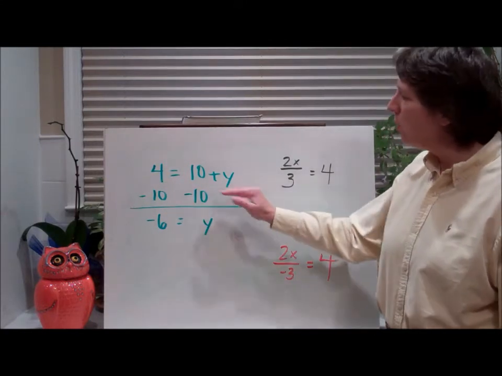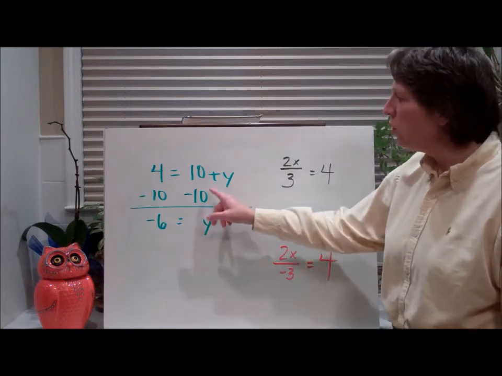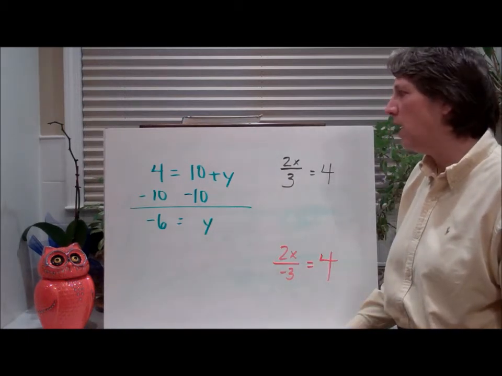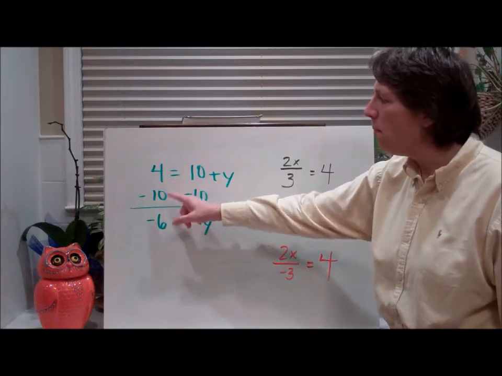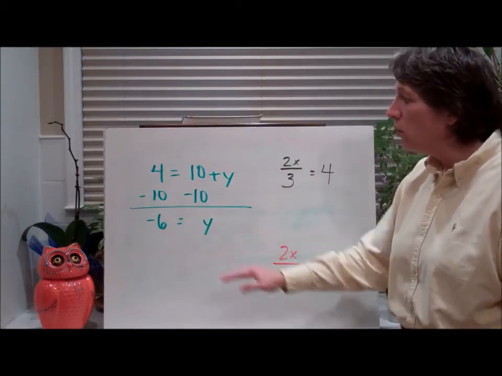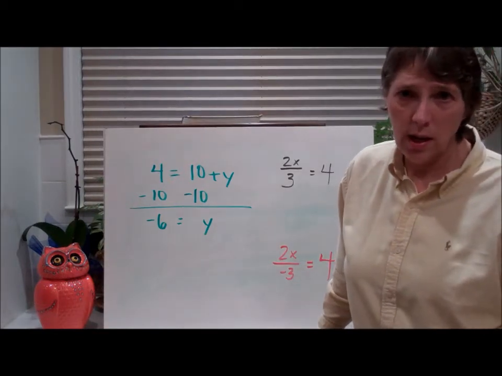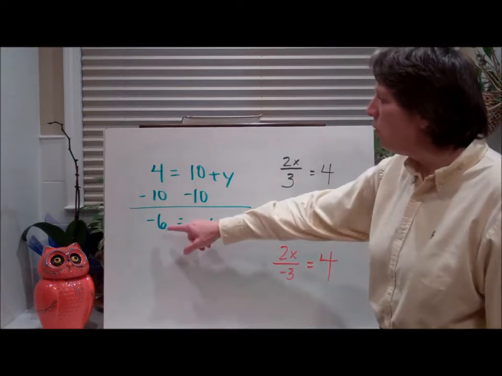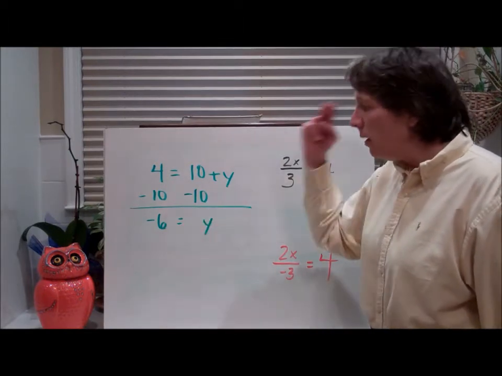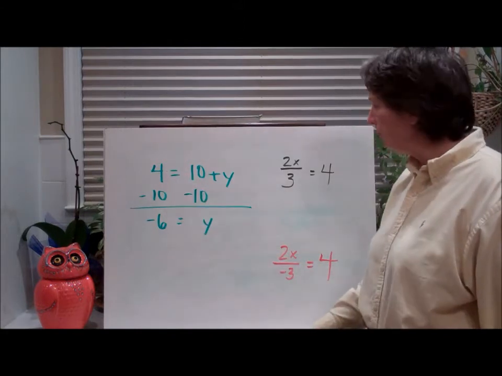But remember, you go to the side of the variable and you subtract 10 from both sides. When we do that, we get 4 minus 10, which is negative 6, equals y. You can write it like this, or you can rewrite it saying y equals negative 6. It doesn't matter. So when we go back and we plug in, mentally, 10 plus negative 6 is 4.